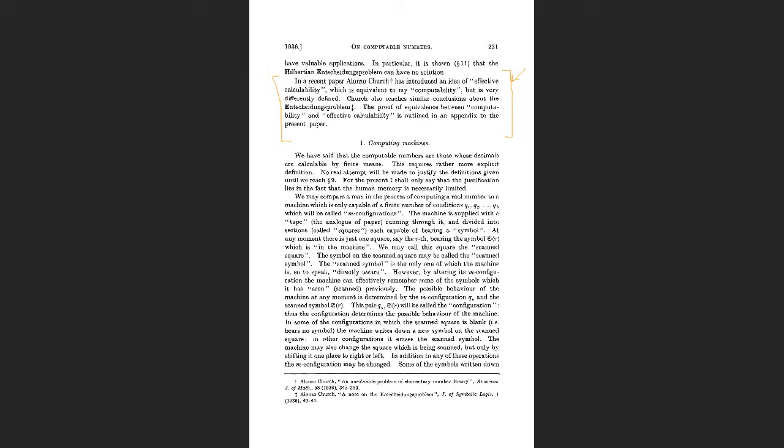So here he said, in a recent paper, Church has just done exactly the same thing that I'm going to do. He's just introduced the idea of effective calculability, which is exactly the same as my computability, differently defined. Church also reaches similar conclusions about the decision problem. Church has just done that too.